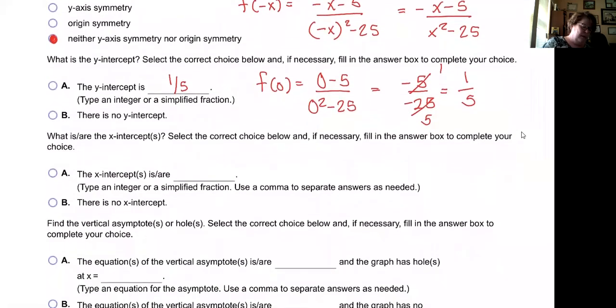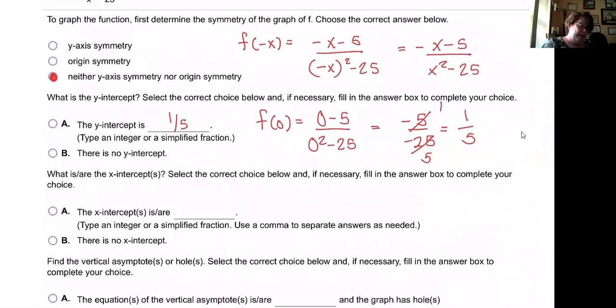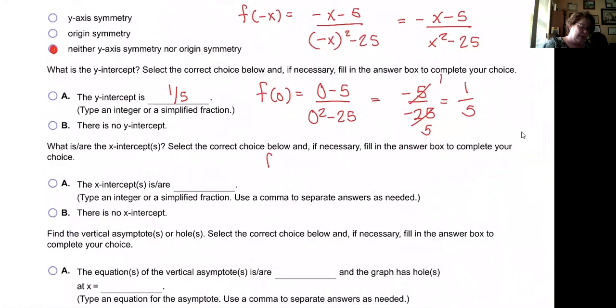All right. Now here comes the kind of tricky part that you really need to be careful with. What are the x-intercepts? Now let me write that function down again so we can see it. Typically with a rational function, the way we determine the x-intercept is to set the numerator equal to 0.